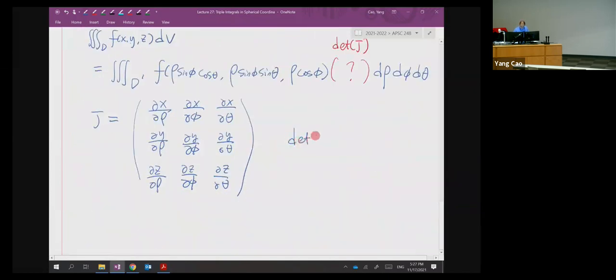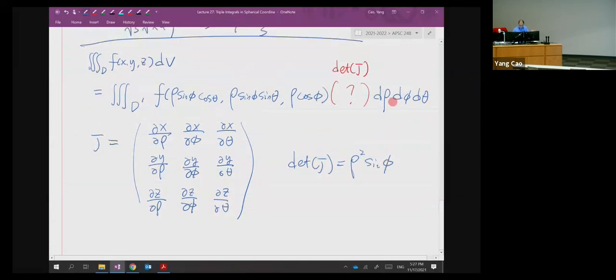Then you calculate the determinant of this 3×3 matrix, and you end up with rho square sine phi. Okay, rho square sine phi. Again, because phi's range is between 0 and pi, so sine phi is naturally more than 0.